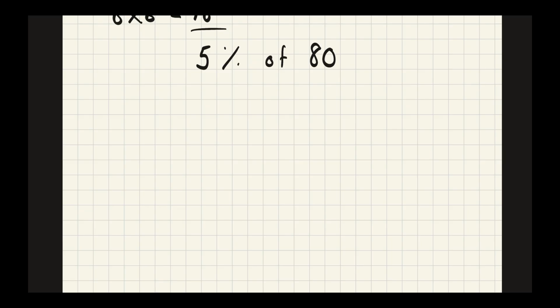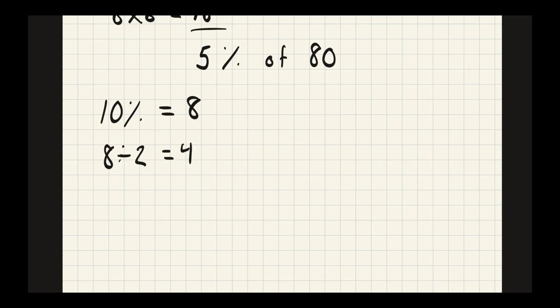Both ideas will lead us to the answer. So, once again, we can do 10% of 80 equals 8, and divided by 2, since 10% divided by 2 is 5%, we have 4, and that's our answer. So 5% of 80 is 4.